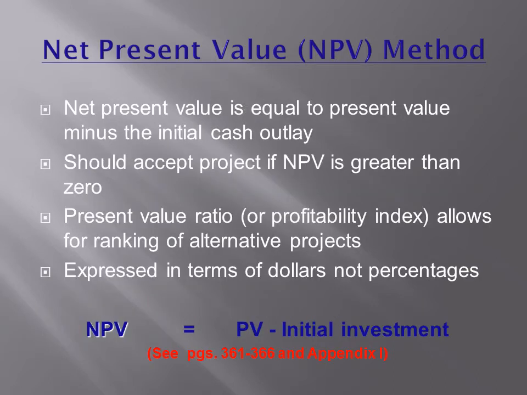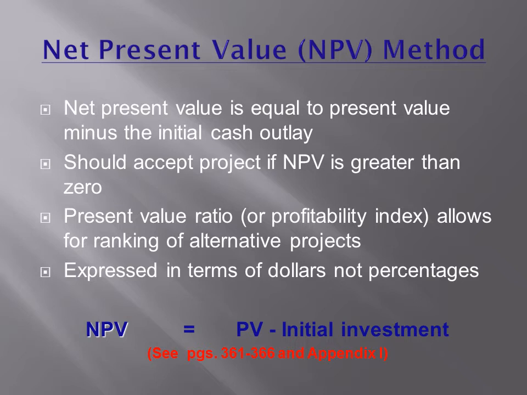So, okay, here's what you need to know about net present value. Net present value is equal to the total present value minus the initial cash outlay. What did it cost you? When calculating net present value, if a project's value is greater than 0, then it should always be accepted. If it's less than 0, then you should reject it and not do the project.